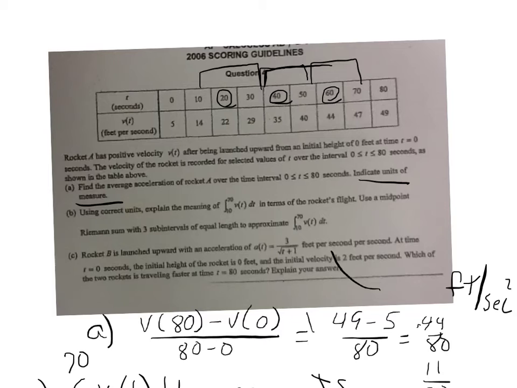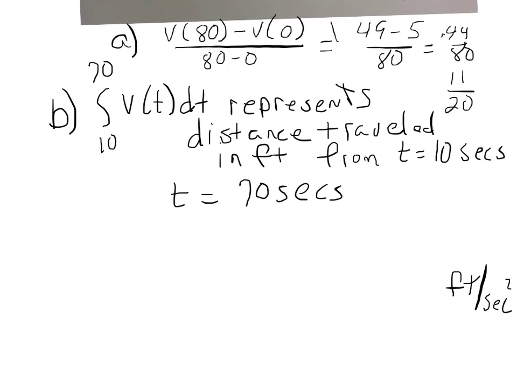Each subinterval is 20. So if we do our Riemann sum, we're going to have to make the connection. I'm going to go ahead and erase this to get it out of the way if I can. It may not let me. Maybe I can just move it. Okay.